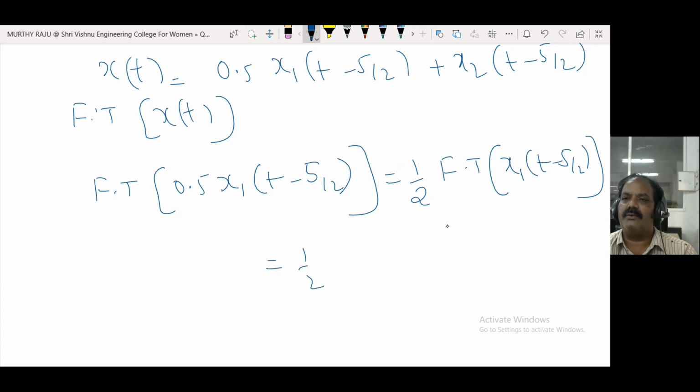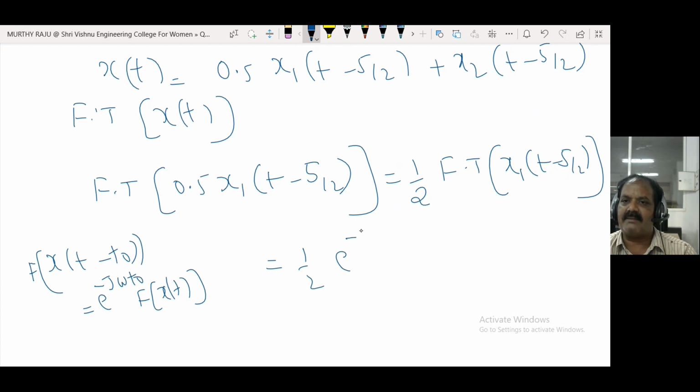Using the shifting property, the Fourier transform of x of t minus t naught is e power minus j omega t naught times the Fourier transform of x of t. This property is applied here. Shifting value is pi by 2, e power minus j omega pi by 2. Therefore, Fourier transform of x1 of t.